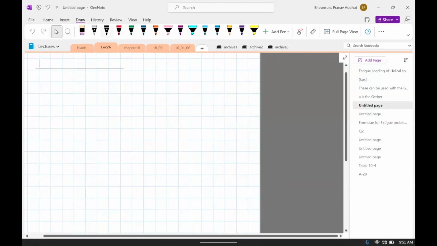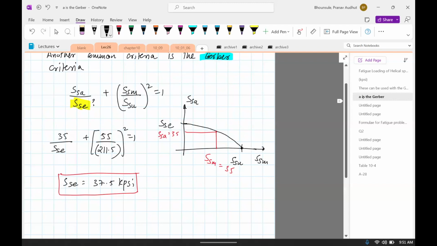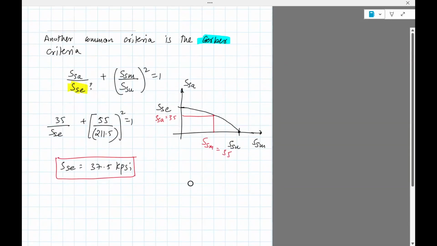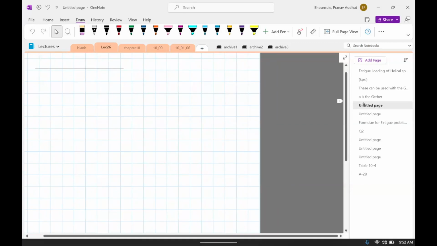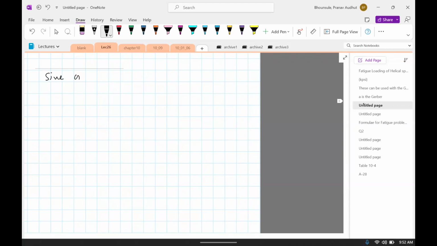There's a third criterion, which is called the sign criterion. Sign criteria for endurance strength.